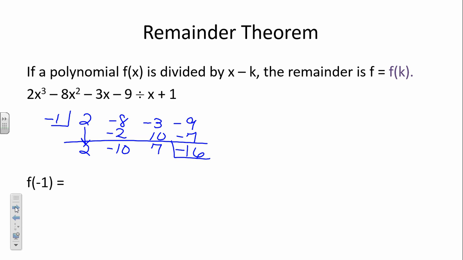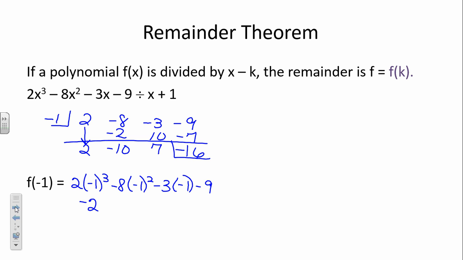Now let's verify. If we were finding f of negative 1, we would take negative 1 and plug it in everywhere we see an x. So we would have 2 times negative 1 cubed minus 8 times negative 1 squared minus 3 times negative 1 minus 9. What is negative 1 cubed? Because a negative to an odd power is negative, we'll have a negative 2 when we take that negative 1 times 2.